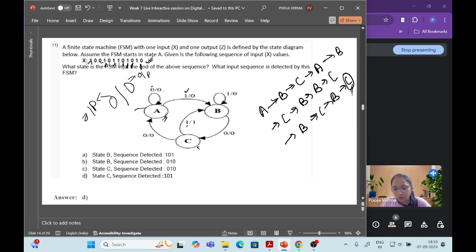So in order to detect the input sequence, we need to check in which state it is again and again moving. Okay.